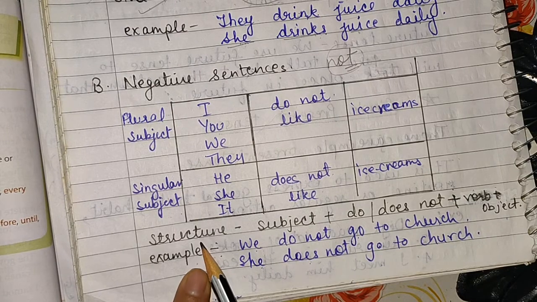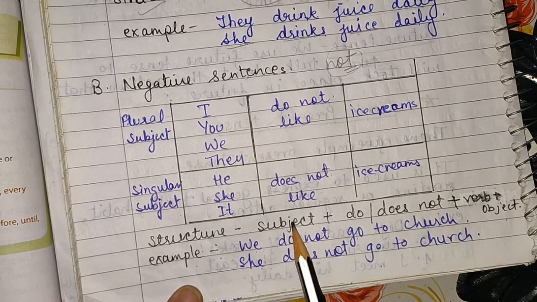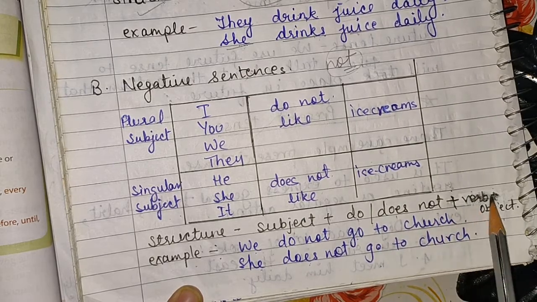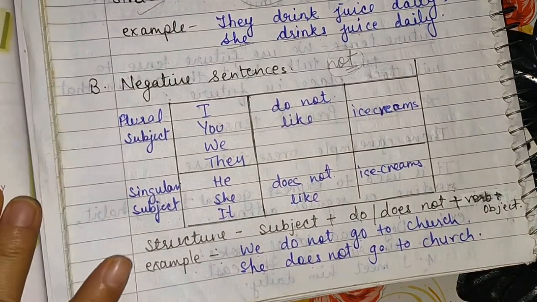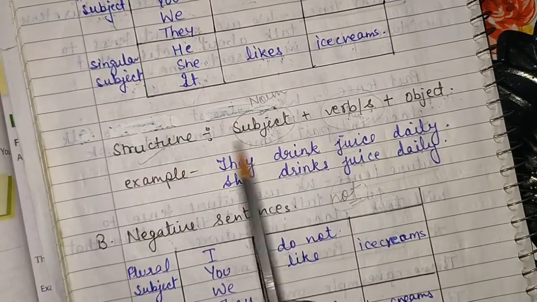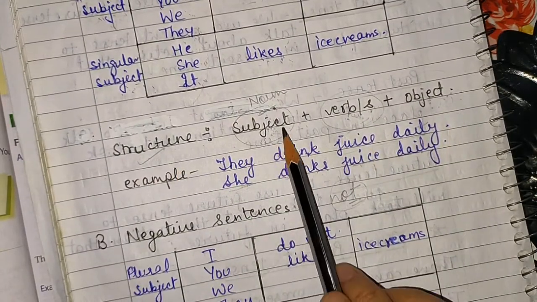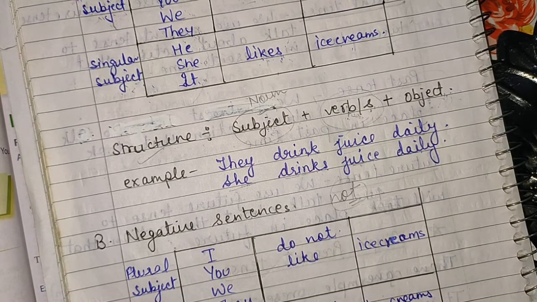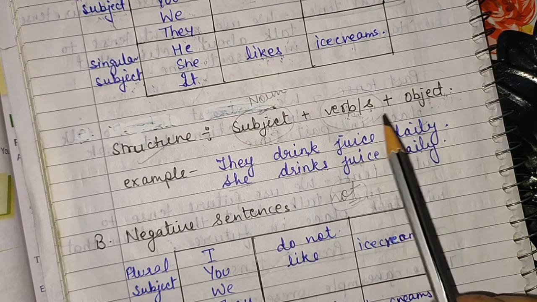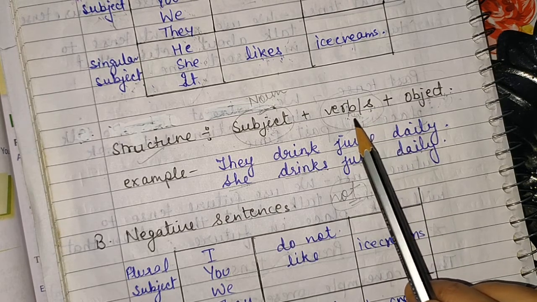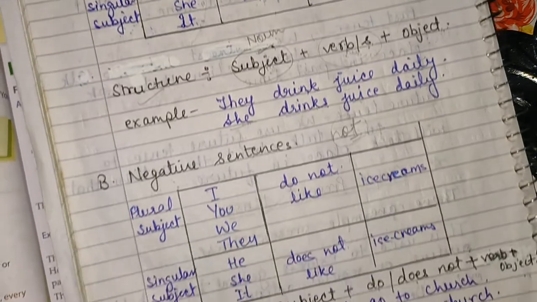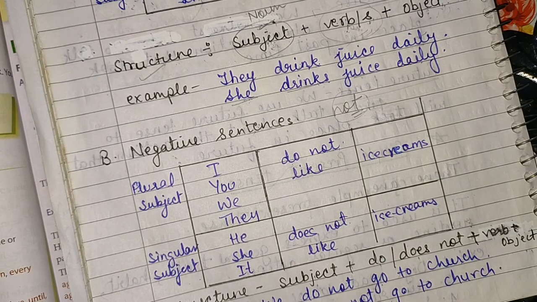The structure of the negative sentence in simple present tense is subject plus do or does, not plus verb plus object. In the simple positive structure, it was subject plus verb plus object, so we will just add do not or does not. In the positive sentence we were just adding s, verb with s and without s, and in the negative sentences we will add do not or does not.